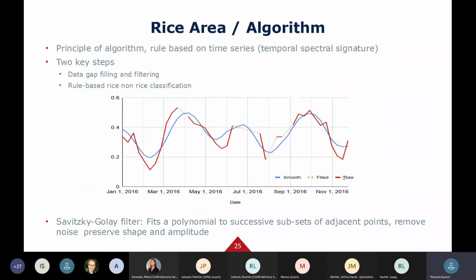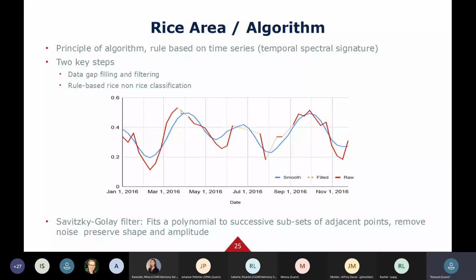Once the data was selected, we needed to do the rice area classification, the rice area mapping. For this, there were 2 key steps. First, as you can see on these graphs, we use EVI data to map and extract the rice. These EVI time series are, as I said, quite rich from a temporal perspective. But as you can see, where there is a dotted line, there are some gaps, again due to cloud.